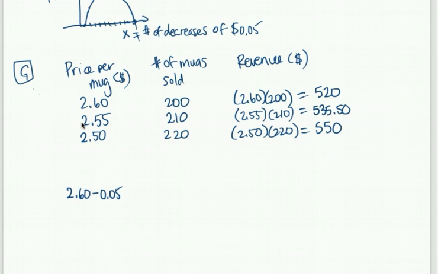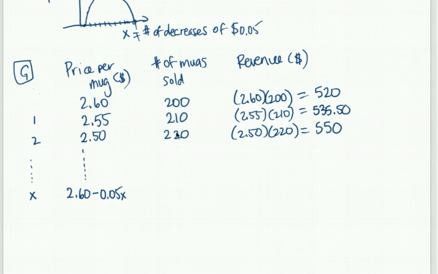But depending on how many times we do this, we just have to multiply this 5 cents by X. X represents how many times you decrease the price by 5 cents. So this is once, this is twice, this is X times. We don't know how many times we dropped it.